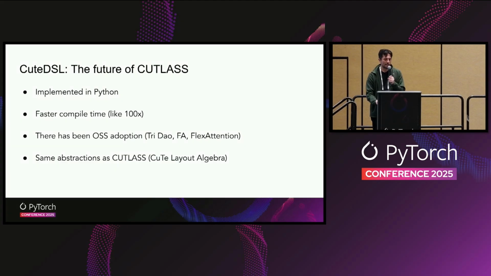And the reason that's the case is it uses a custom MLIR compiler versus NVCC to generate PTX directly from the Python code. And there's been a lot of OSS adoption. TreeDAO, Flex Attention, and both Flash Attention have adopted this. And it uses the same abstractions as CUTLASS, so in theory, it should be able to get the same performance at the PTX level.